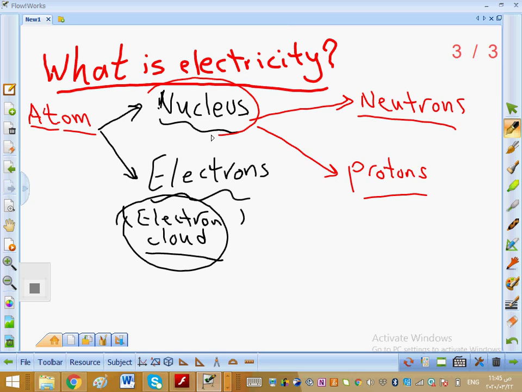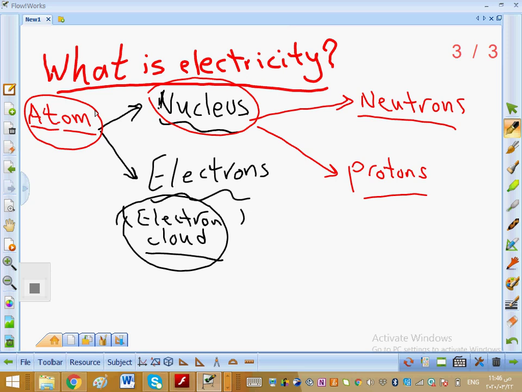In the nucleus. The nucleus and electrons make an atom. So, from the largest to the smallest, the atom includes the nucleus and electrons. The nucleus includes neutrons and protons.